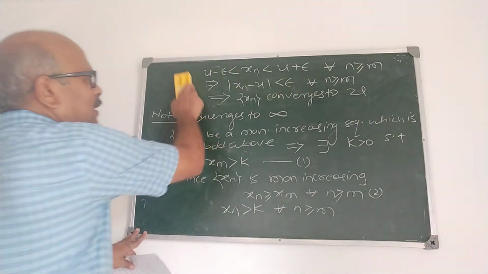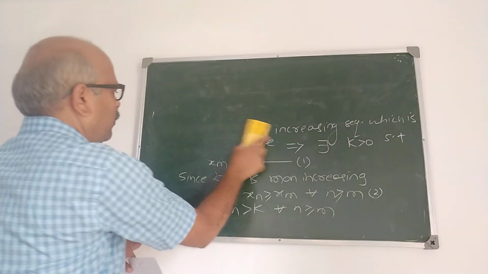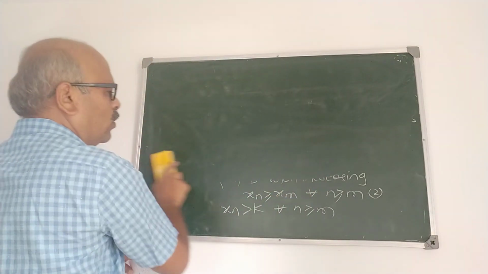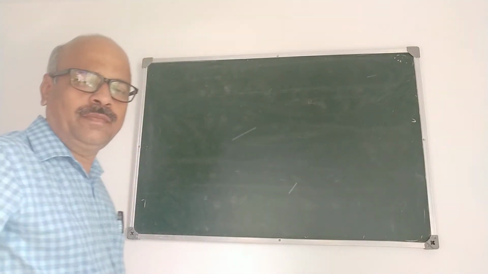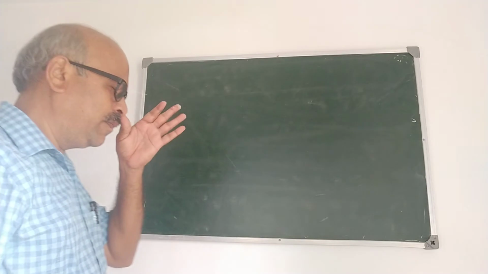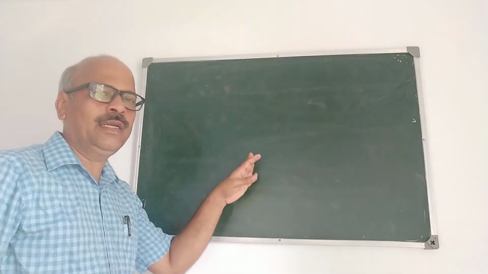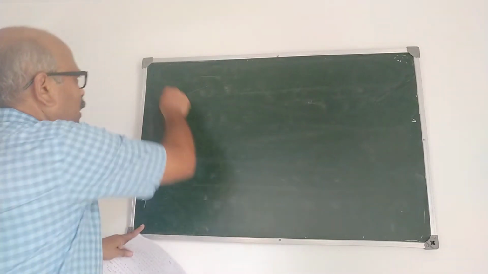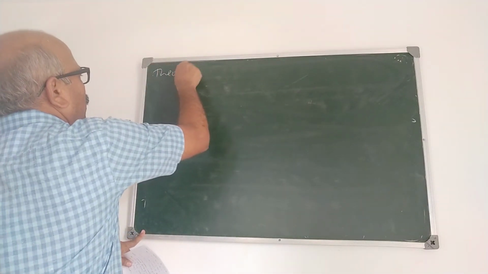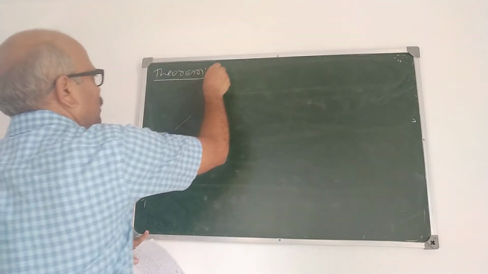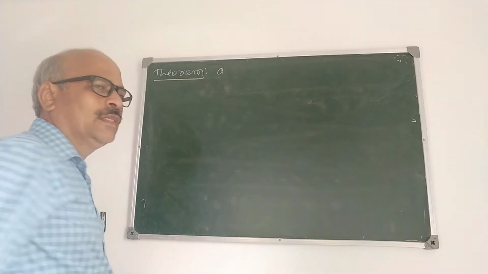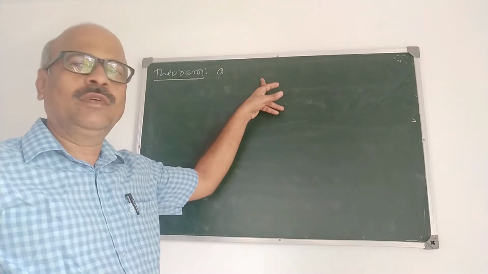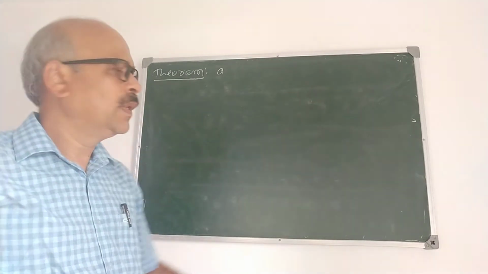So what is the result? If a monotonic sequence is increasing and bounded above, it converges to its least upper bound. Suppose it is not bounded above, then it diverges to plus infinity. Now what about a decreasing sequence? If it is monotonically decreasing and bounded below, then it converges to its greatest lower bound.